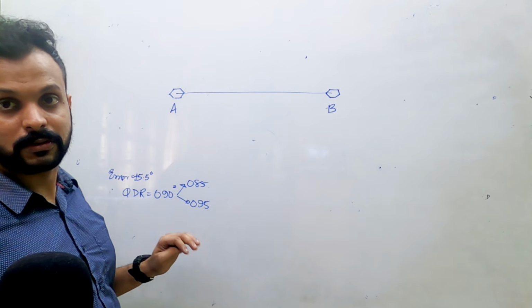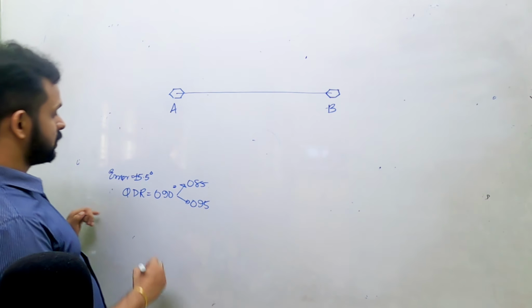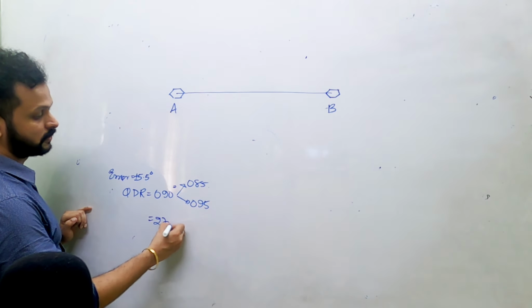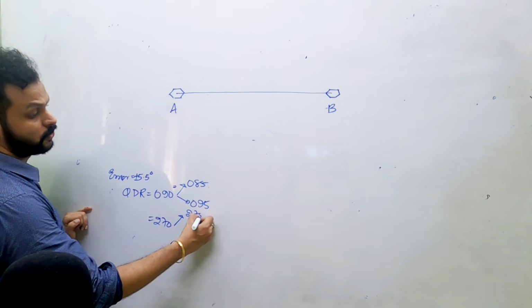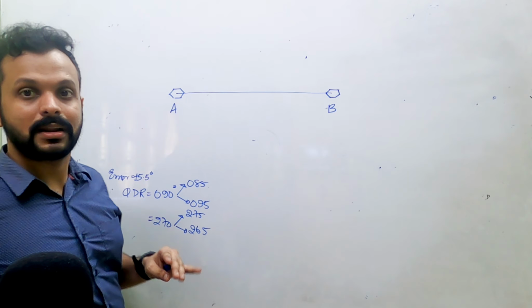That is the meaning of plus or minus 5.5 degree error, right? Similarly, if the QDR is 270, as in this case, it could be anywhere between 275.5 and 264.5 and still be accepted.